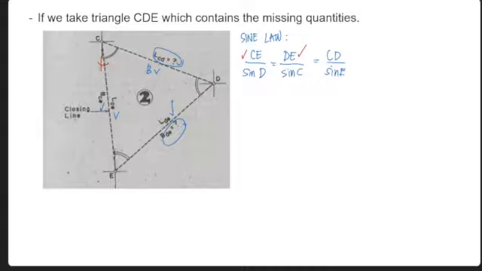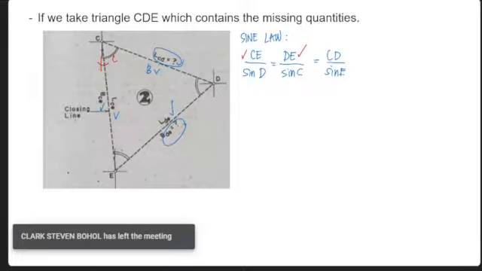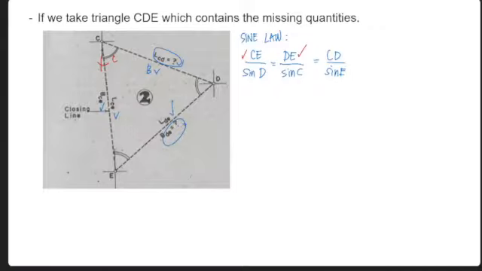So we can get C. Tama ba? Pwede nating makuha si C. So paano natin kukuha si C? Because angle C is equal to, dito na lang.